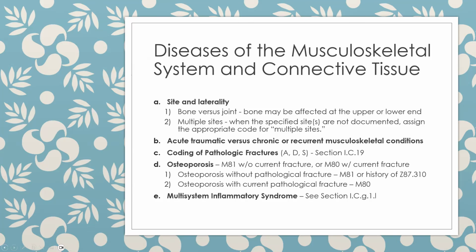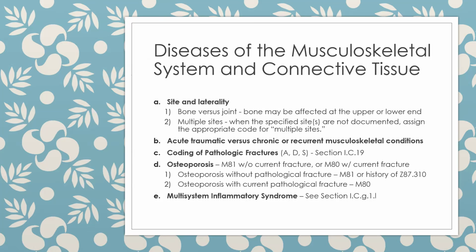Though the portion of the bone affected may be at the joint, the site designation will be the bone, not the joint. So when you have multiple sites, the codes describing specified sites are assigned individually by site when documented. When the specified site or sites are not documented, assign the appropriate code for multiple sites.